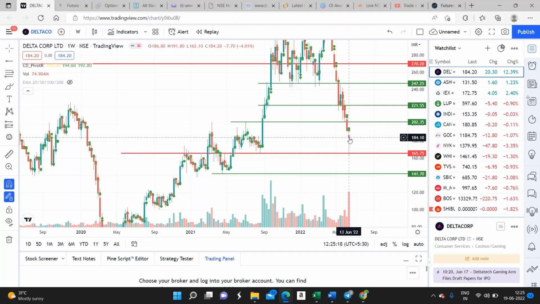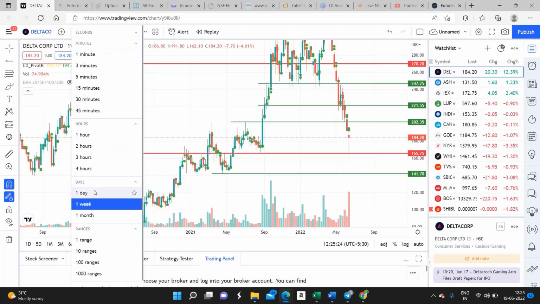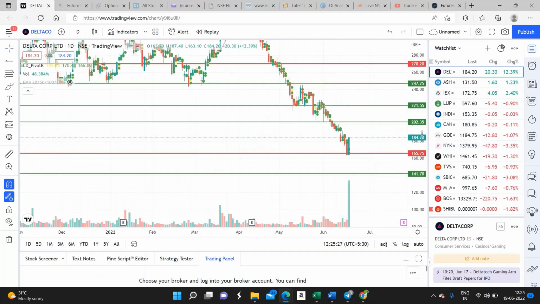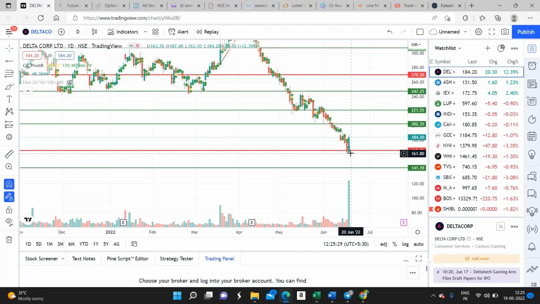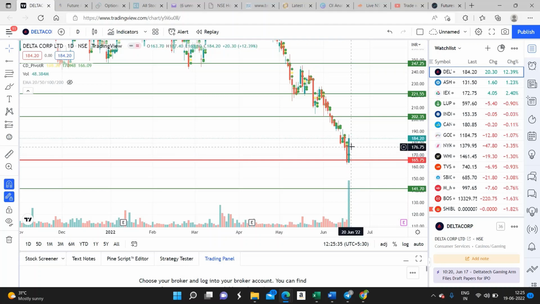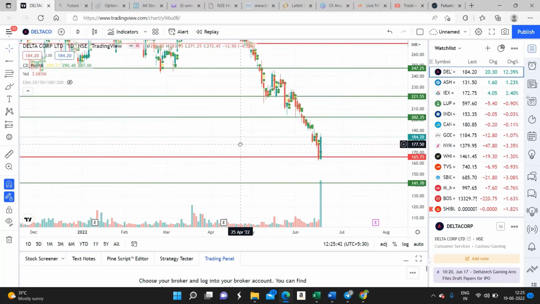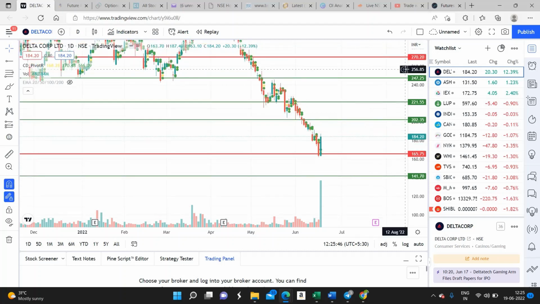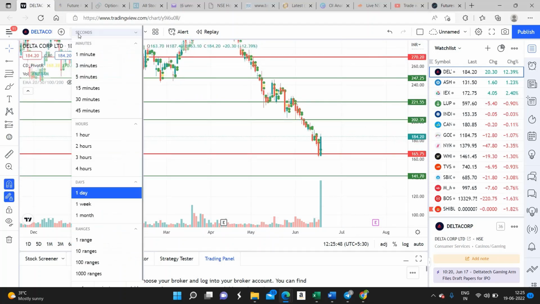So what we understood is in the 1 week time frame there should be a reversal, and in the 1 day time frame, it has already taken the support, and this is a bullish engulfing candle. The body of this candle is very big and it is very bullish. So we can take a bullish view for this stock.